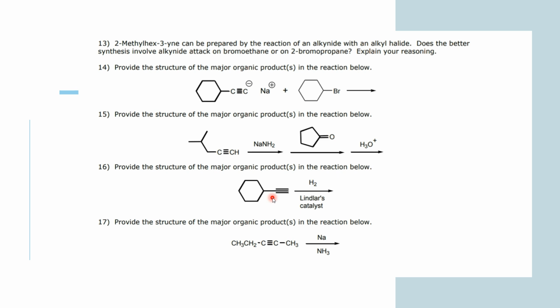Similarly in alkynes, the hydrogen atoms will first be adsorbed on the metal surface, then the physical interaction between hydrogen molecules and metal surface will be broken, and hydrogen atoms will be transferred one by one across this carbon carbon triple bond.